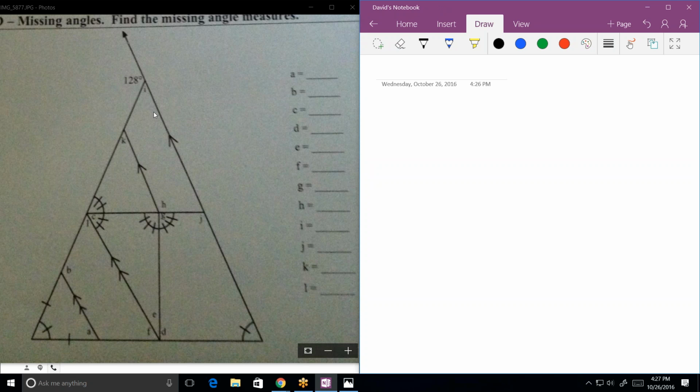Let me think for a moment. There's other things we can figure out here more easily. I guess we can do it this way. I is 52.